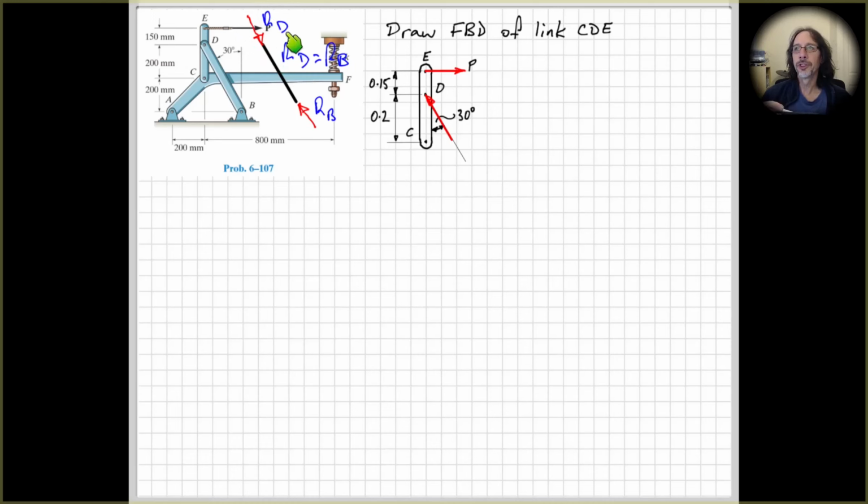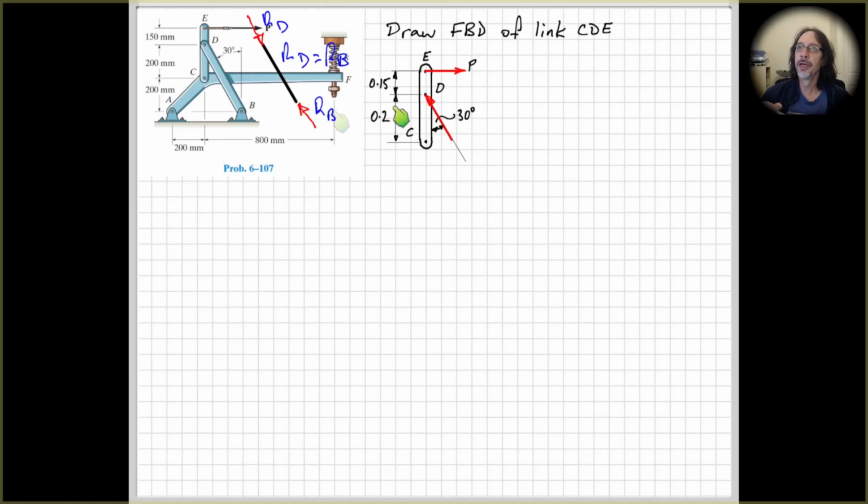And that refers to Newton's third law that I was talking about before, right? So this force acting on the link DB and this force acting on the link CDE are action-reaction pairs.